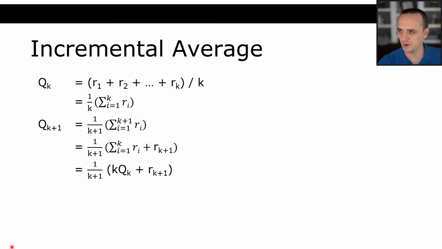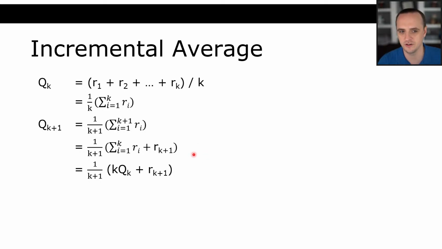See how that works? Just pause for a second until you understand that step, because that's a little bit important. This term, the summation of i equals 1 to k of r_i, we saw right here. But if we take this k and move it over here, because we can multiply both sides by it, then we get k times Q_k. And we've eliminated the summation from our formula.